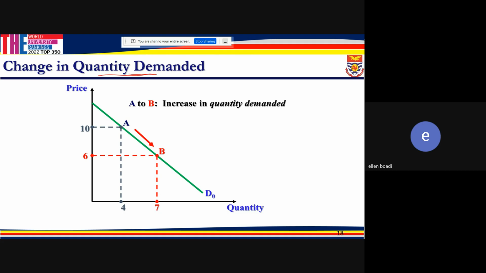So for instance, if the price was 10, the quantity was 4, and that puts us at point A. If it falls to 6, the quantity now is 7, and then we are at B. Let's assume that the price was 2 initially, and at 2, the quantity was, say, 12.